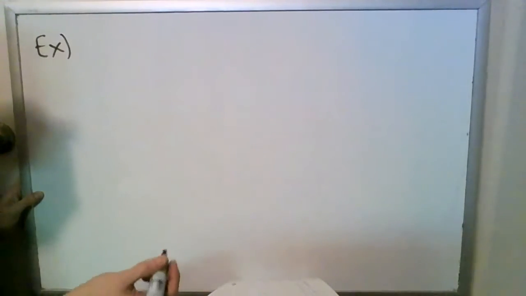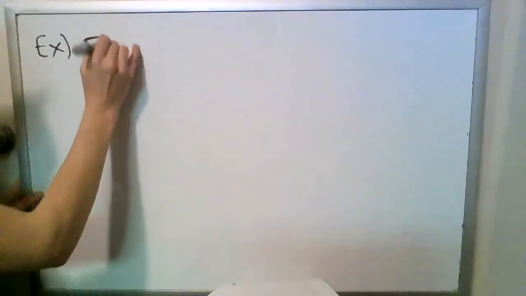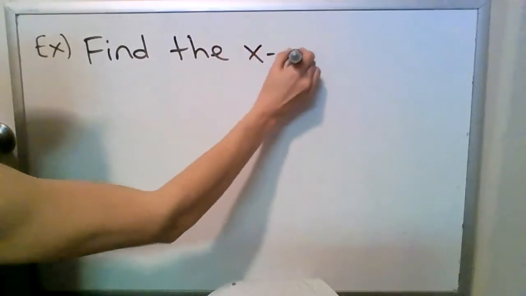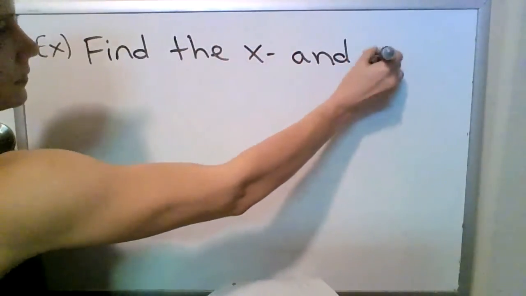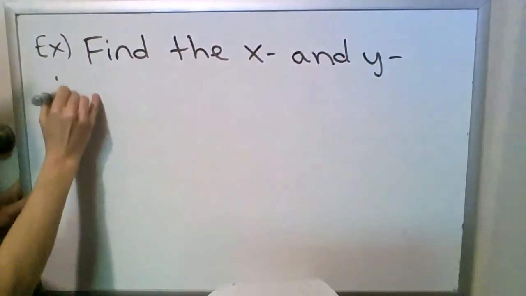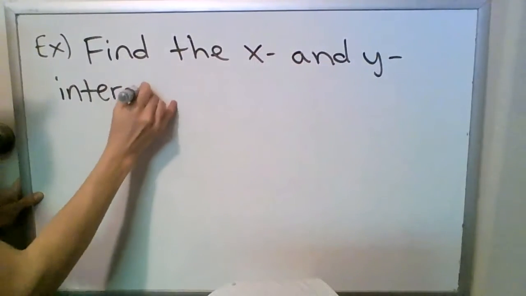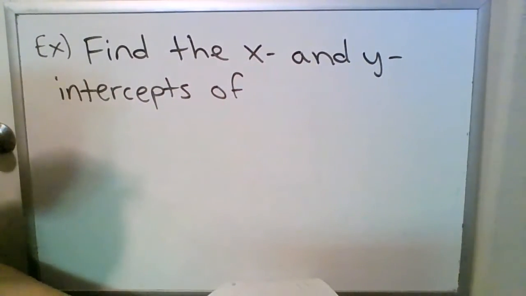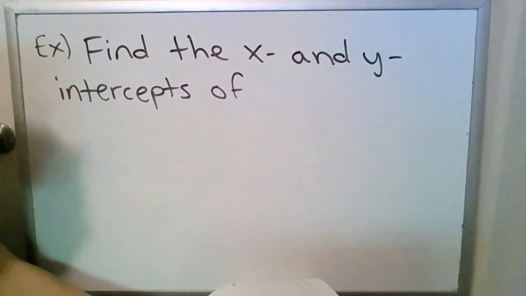Find the x and y intercepts of 3x + 2y = 6.